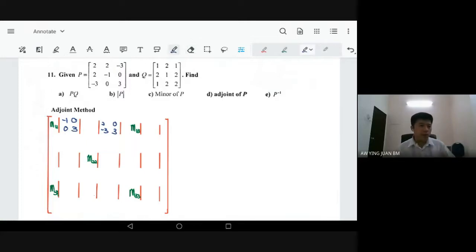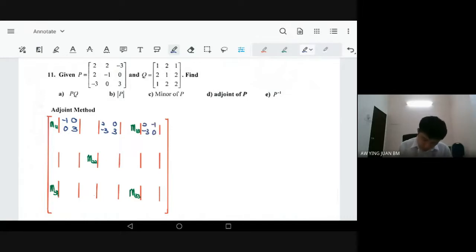Kindly repeat the process of finding the minor. You may try, and after that, check your answer with mine. Okay, proceed. So we have 1, 3, which is 1, negative 1, negative 3, 0.